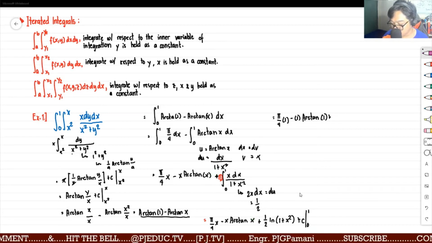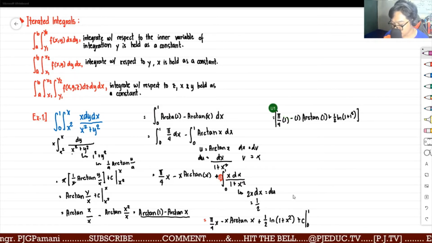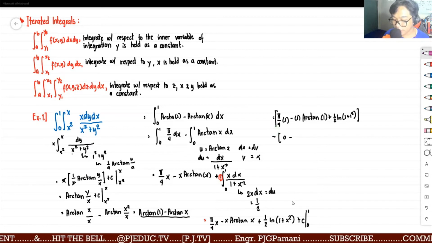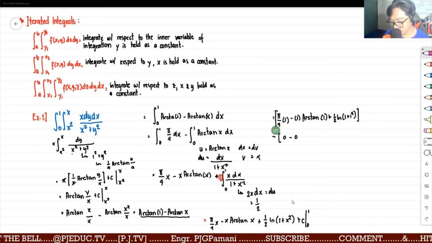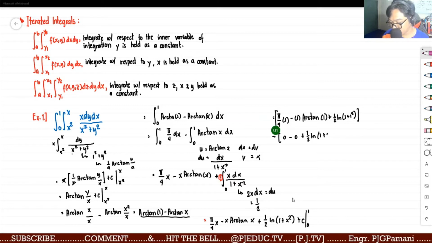Positive. 1/2 ln of 1 plus 1 squared minus pi over 4 times 0 is 0. 0 times arctan 0 is also 0 plus 1/2 of ln 1 plus 0 squared. Ln of 1 is also 0.